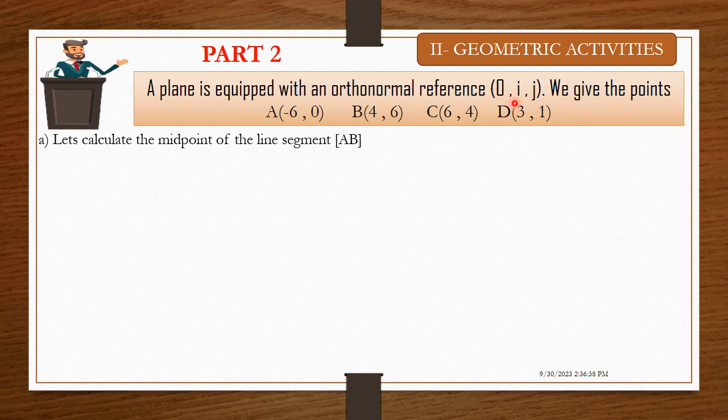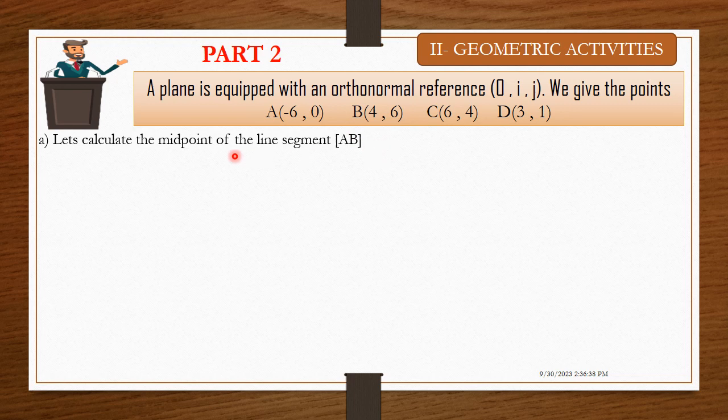So now this is a reference frame which has two axes, the I-axis and the J-axis, or the X-axis and the Y-axis, and O is the origin. So now we give the following points.